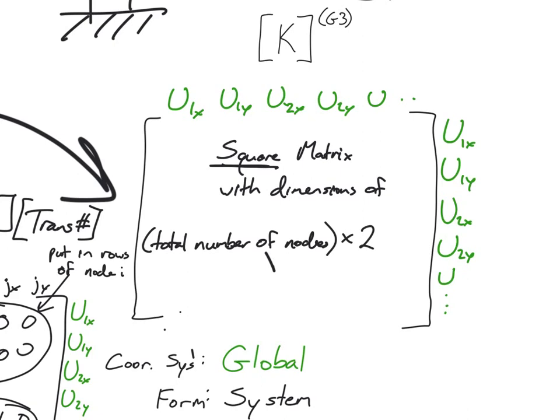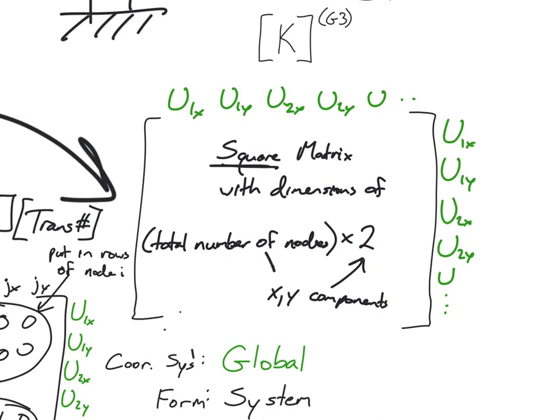Right? So the total number of nodes times 2. And the reason for 2 is because of x and y components. Right, so if we only had one member, strangely enough, we would have node 1 and node 2, and then we'd have x and y for each. So total number of nodes would be 2. 2 times 2 is 4, so 1, 2, 3, 4. And that's how that works.